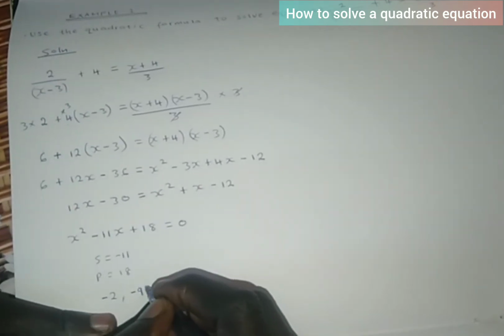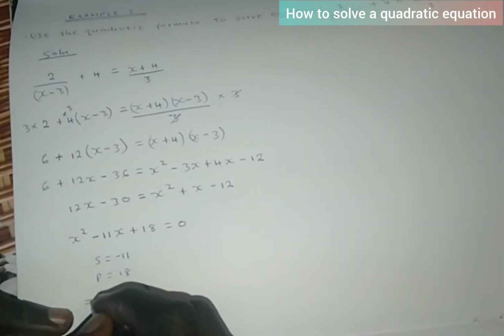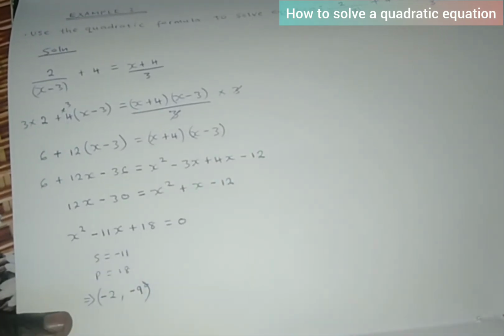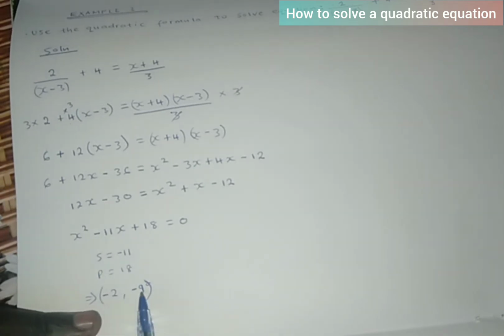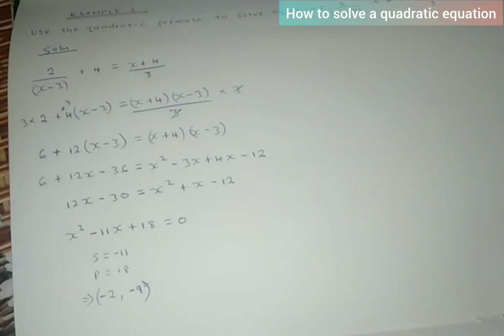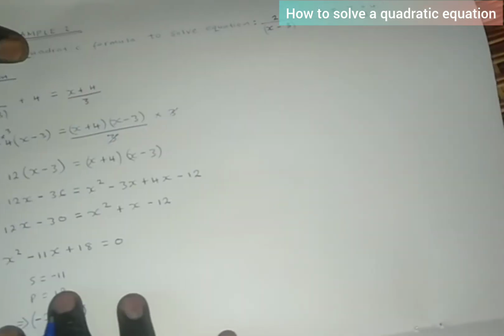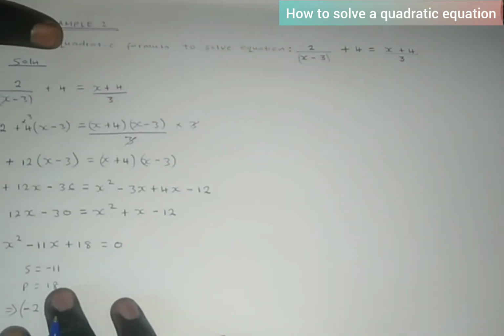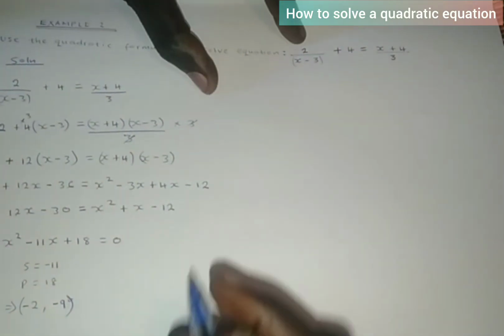So negative 2 times negative 9 is 18. Negative 2 plus negative 9 is negative 11. So again we place them into our equation.